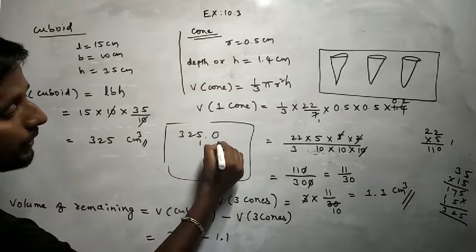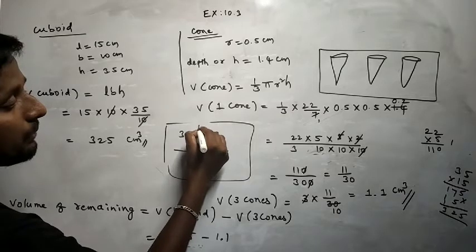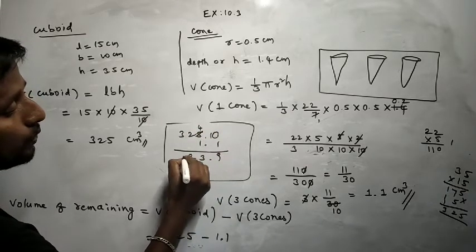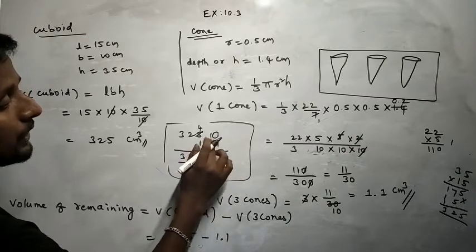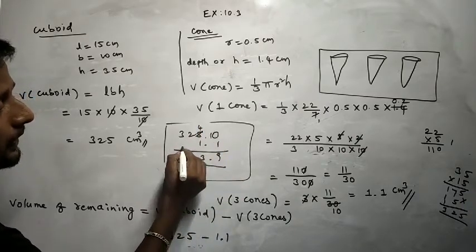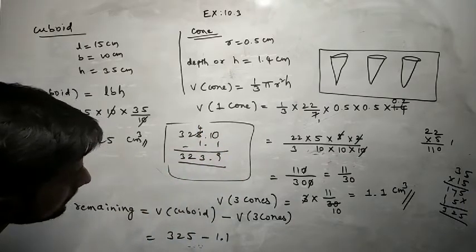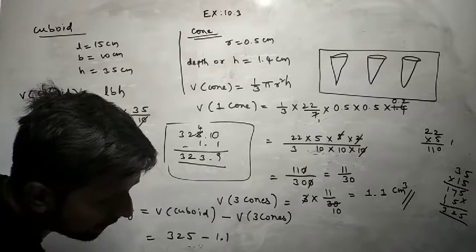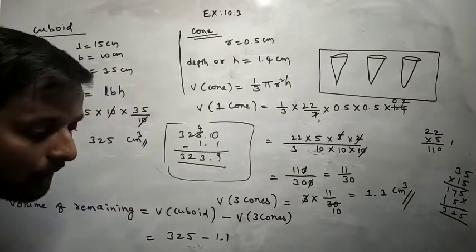Take borrow, it's a 10, 9, 3, 2, 3. So 10 minus 1, 9, 4 minus 1, 3. So the answer is 323.9 centimeter cube. So that's the answer.